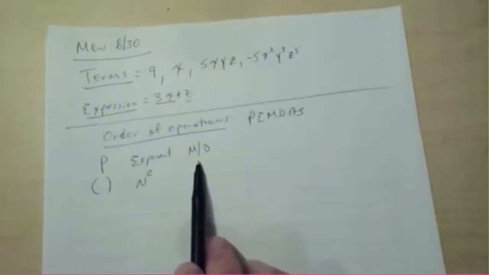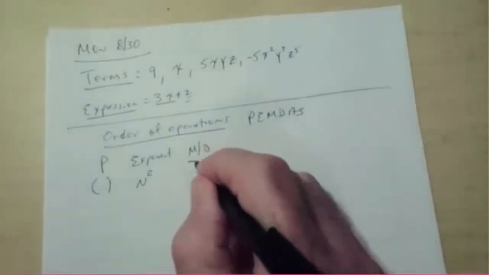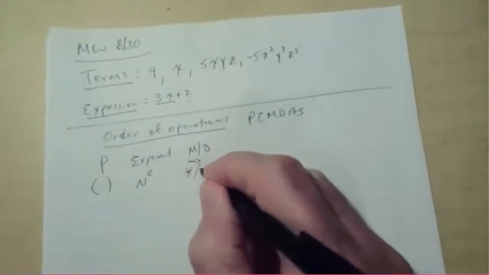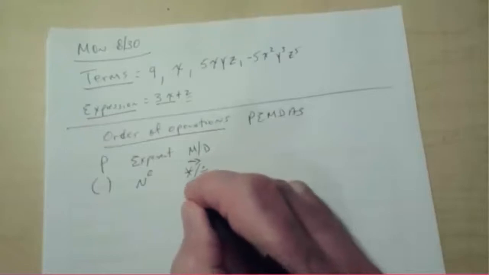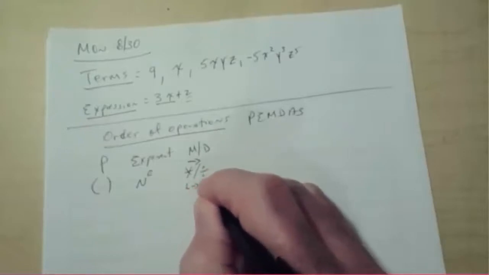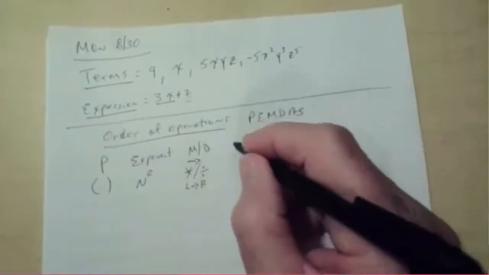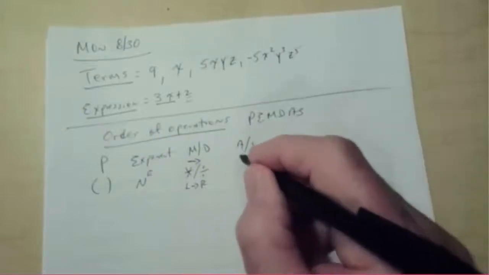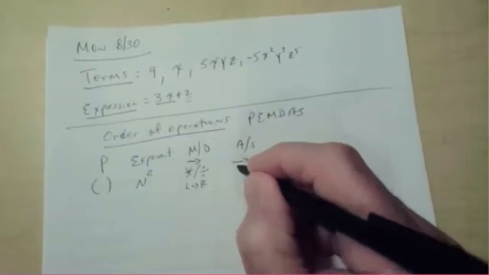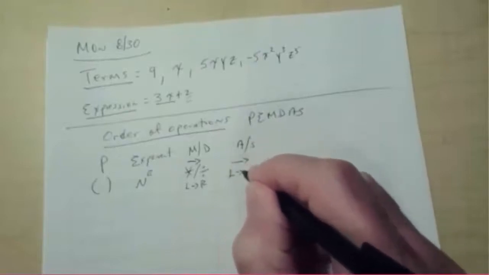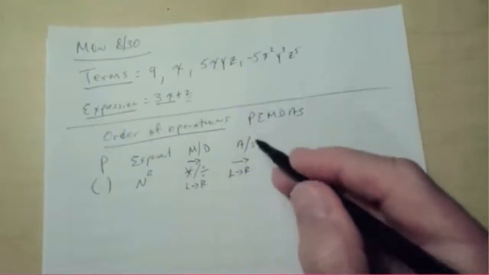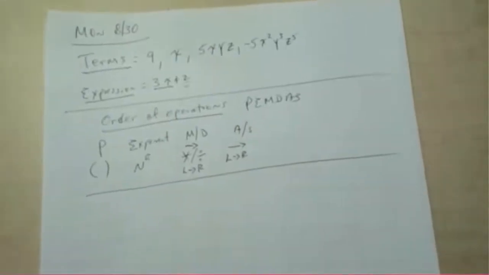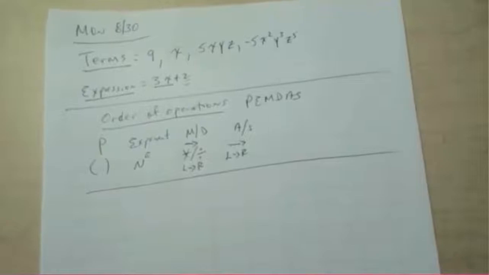You do those at the same time, again, from left to right. And then addition, subtraction, you do those from left to right also. You do those last.